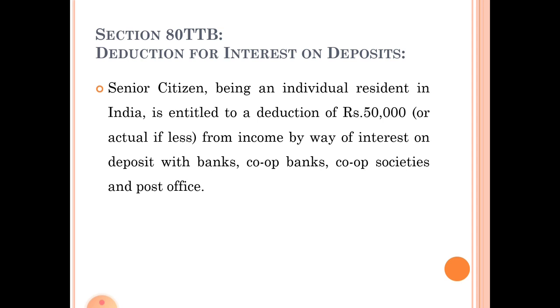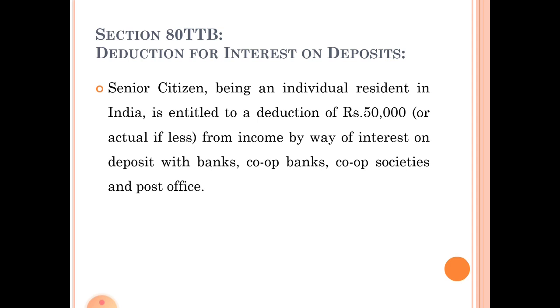For example, if his income as interest on bank deposit is 45,000, they have to consider 45,000 for deduction. If their income is more than 50,000, they have to consider 50,000 for deduction from income by way of interest on deposits with the bank, cooperative banks, cooperative societies and post office.